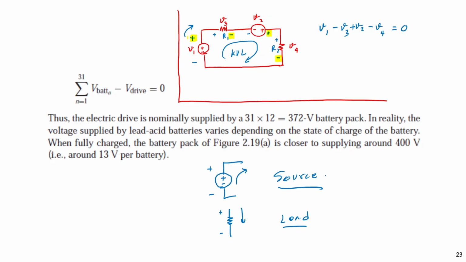Like this. This is for the source, and this is for the load. So we need to specify the polarity of the voltage across the load, okay, by assuming the direction of current first.